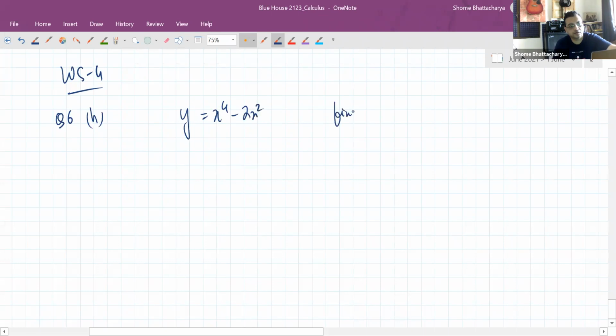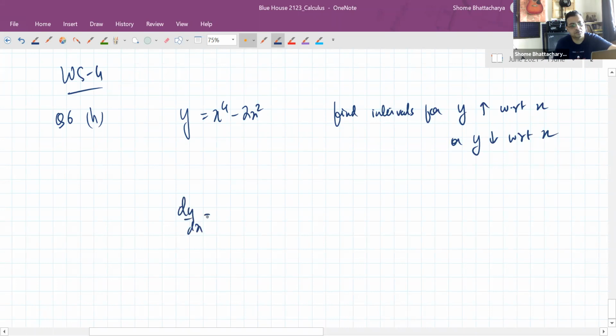We want to find the intervals for y to be increasing with respect to x or y to be decreasing with respect to x. So first step, dy by dx. So that is 4x cube minus 4x.